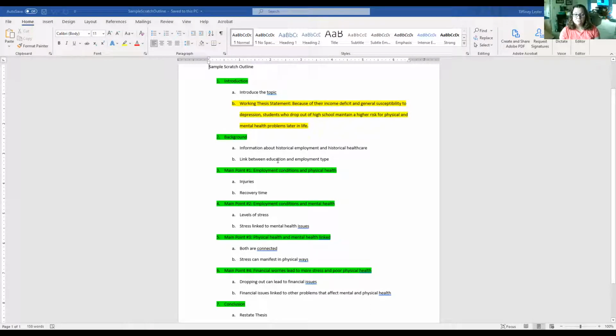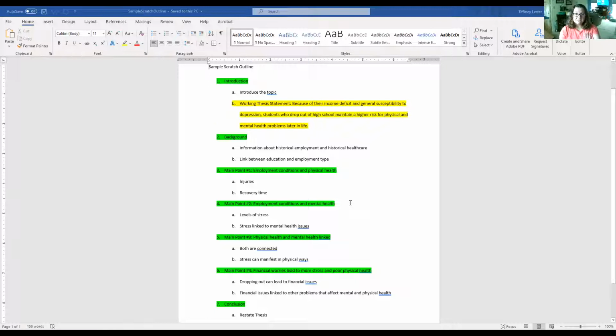These are just our thoughts right now. We know what our first main point is going to be and what we want to make sure we cover in that section, and so on and so forth. It's just jotting down ideas and creating, again, the skeleton of the essay.